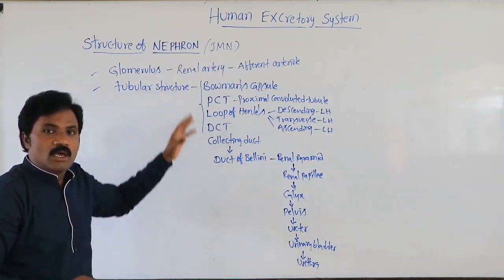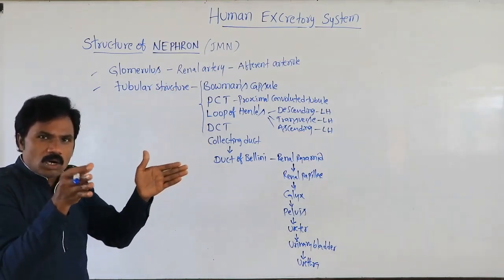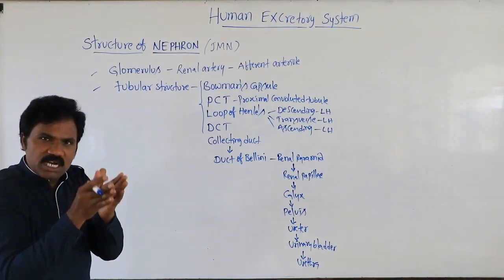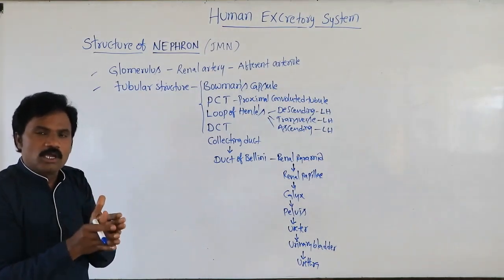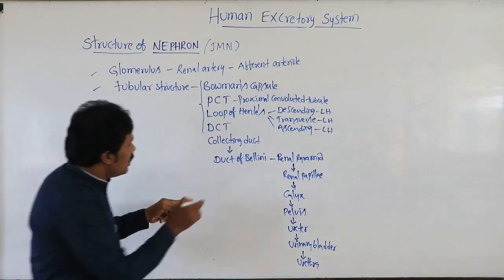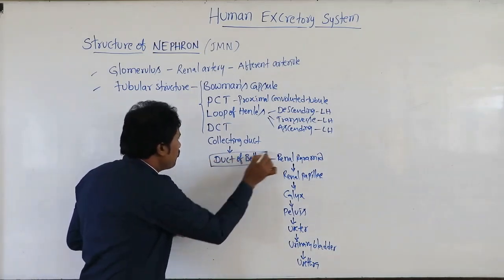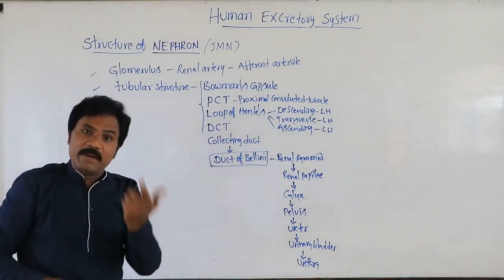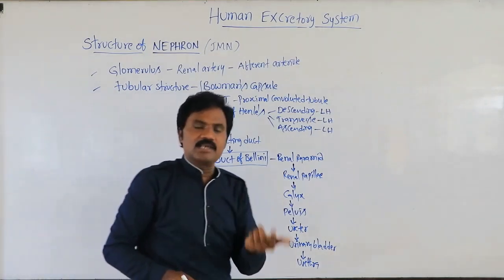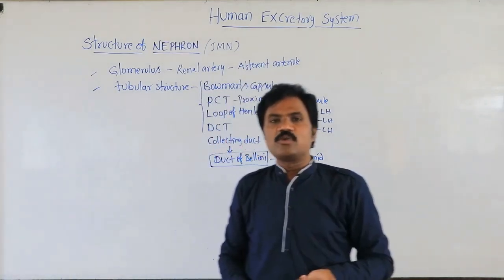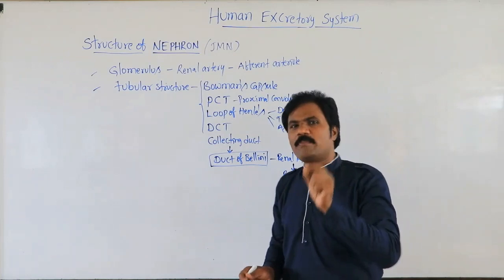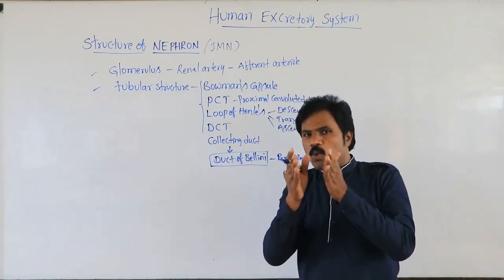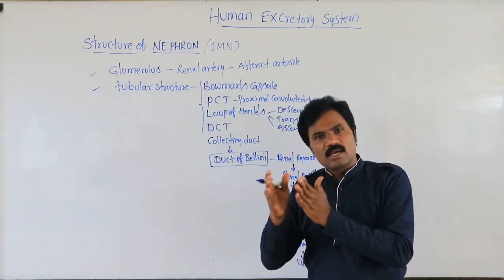Remember carefully. A group of collecting ducts from each and every nephron get together to form the duct of Bellini. Yesterday, in the last class, we discussed the column of Bertini, which lies from one renal pyramid to another renal pyramid.